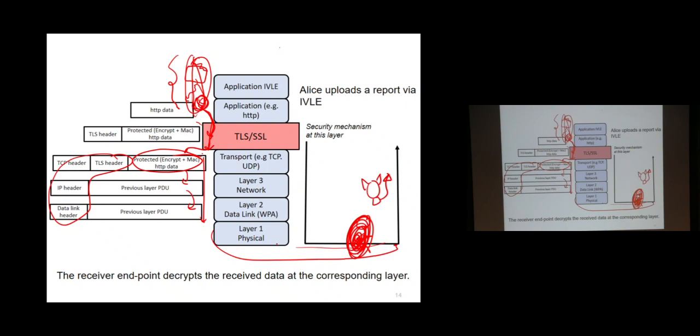Alice's report is keyed in here, then goes through the application, the application passes it to TLS, and TLS encrypts it, passes it below, and so on, and goes to here. So this malicious owner can only see the encrypted report.